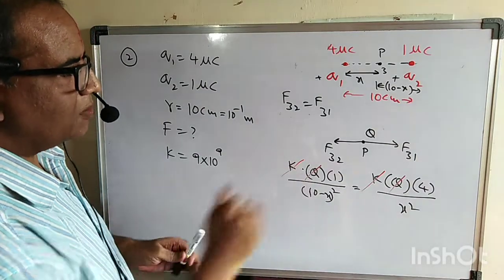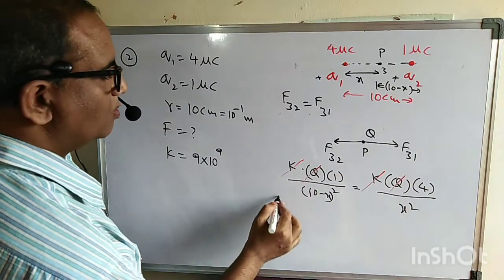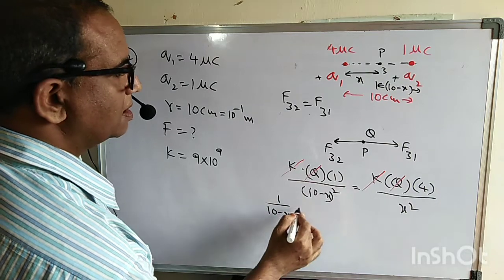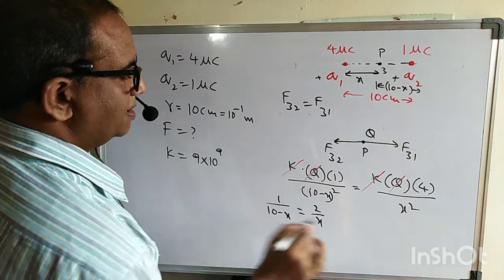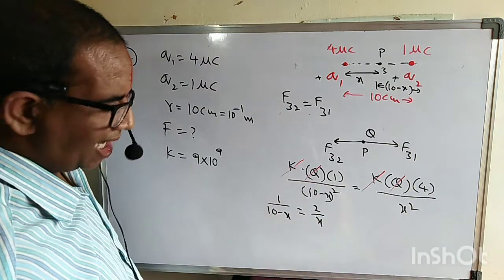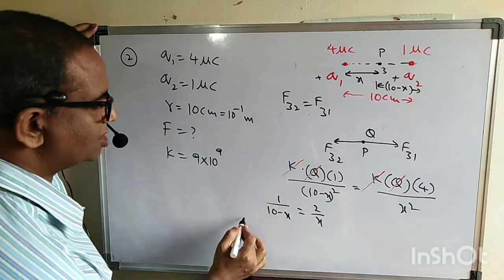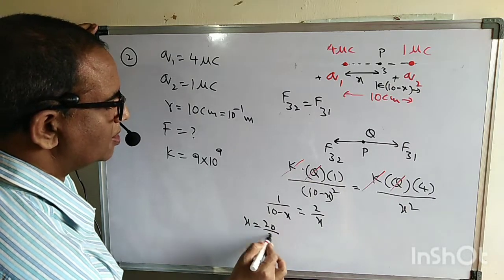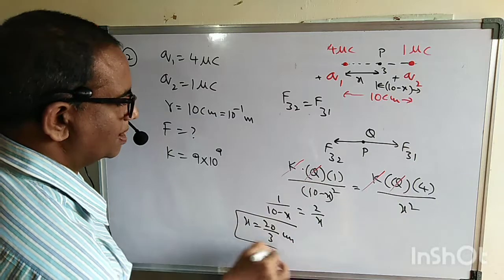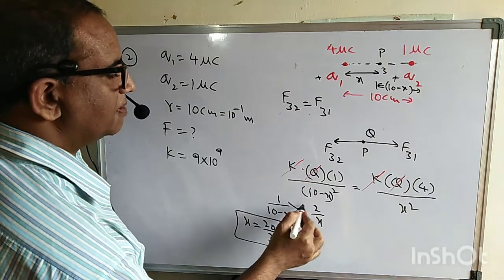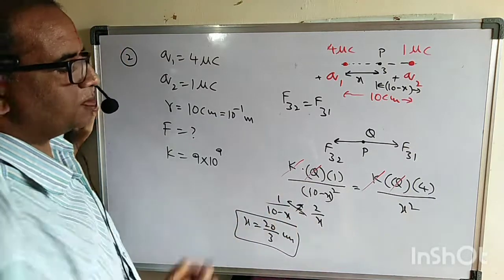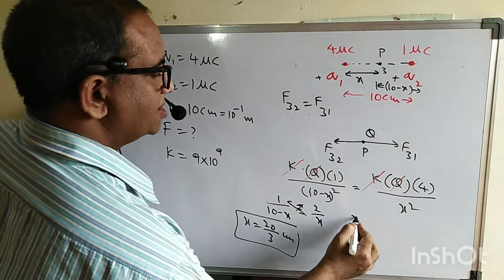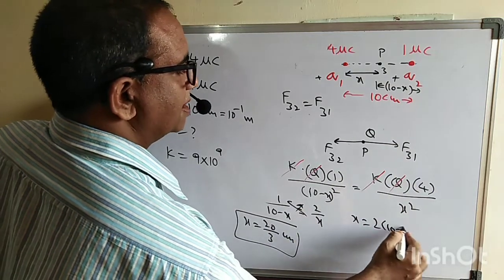Now let us take the square root on both sides. Therefore you get 1 by 10 minus x equals 2 by x. You can do the cross multiplication. Then x equals 2 into 10 minus x.